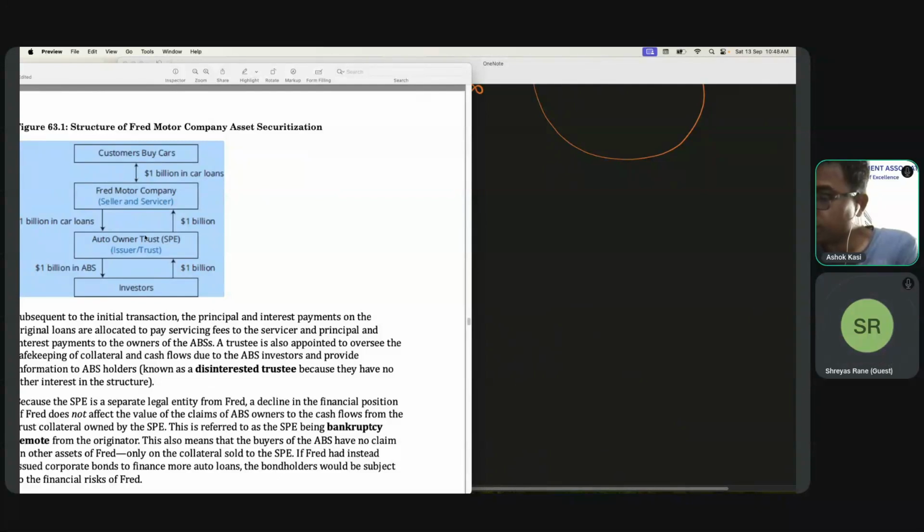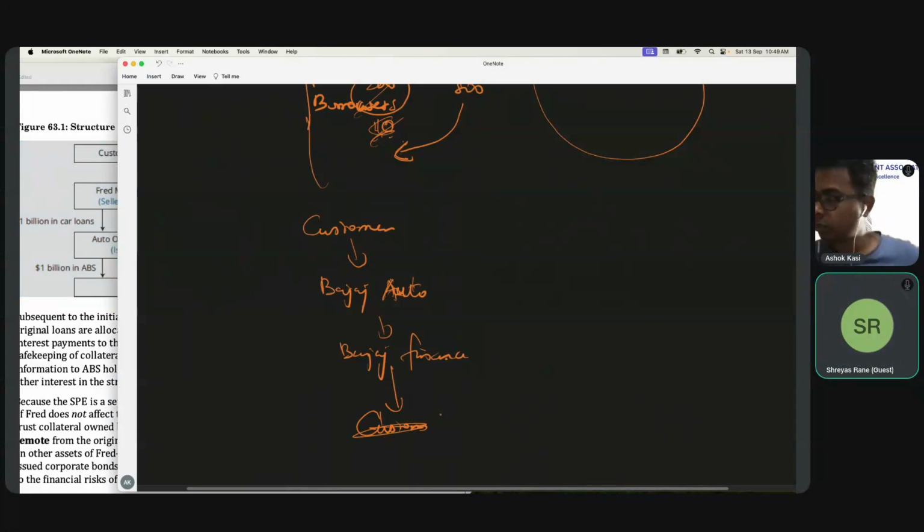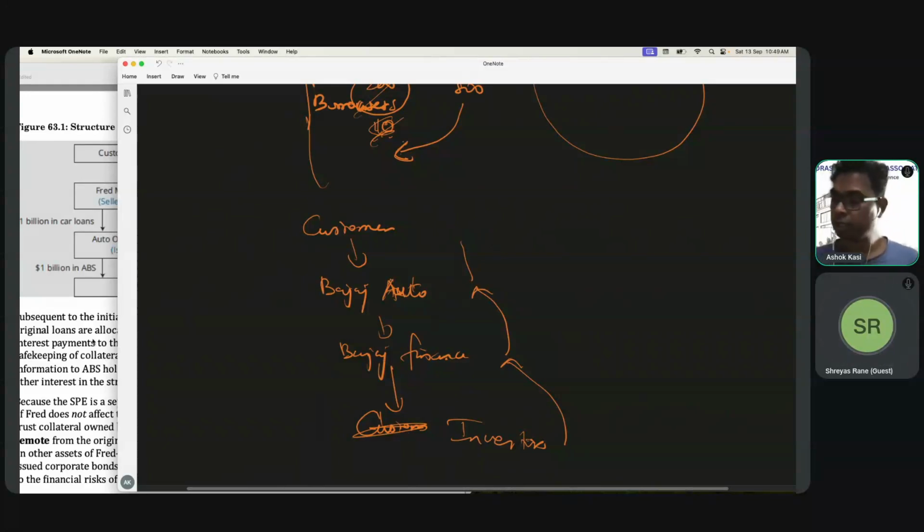Bajaj Finance, car loans. These are investors. So investors are giving money to Bajaj Finance, Bajaj Finance is giving money to Bajaj Auto, and that's how they are doing the business. You've seen how the money is rotating.